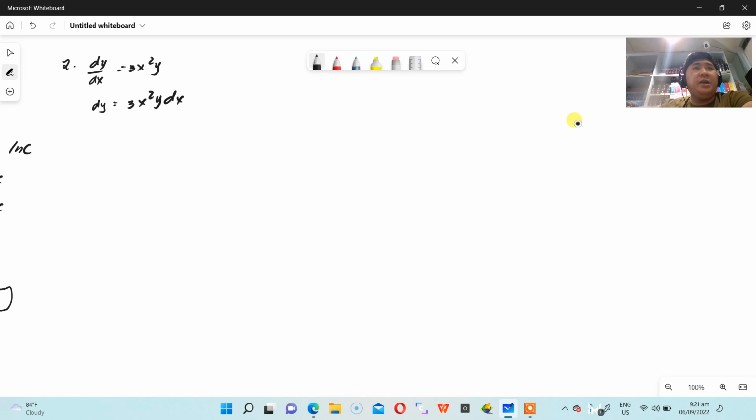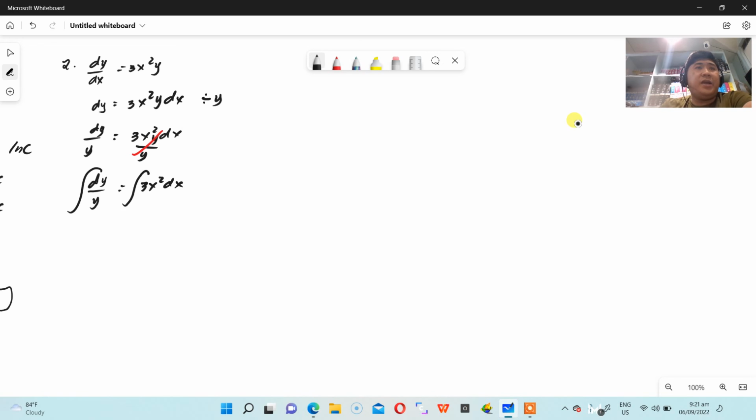So this one we have dy, this one we don't have, this y should be eliminated, right? You have dy over y equals 3x squared dx y over y. So from there, we could eliminate this one. So from here, you have dy over y equals 3x squared dx.